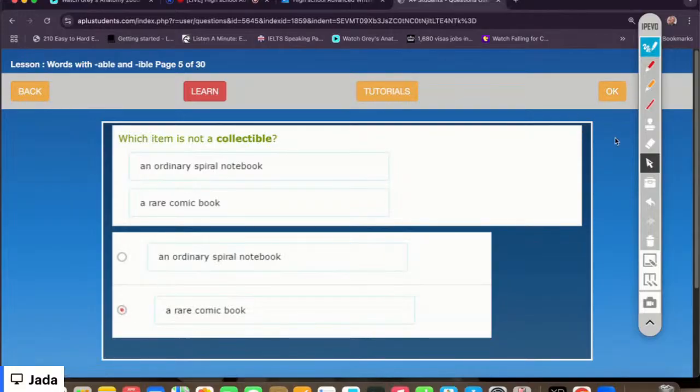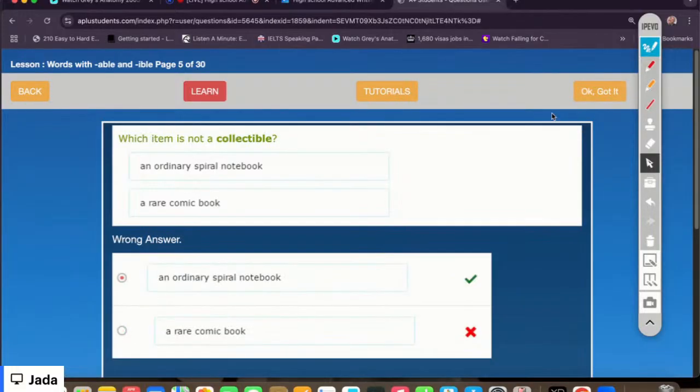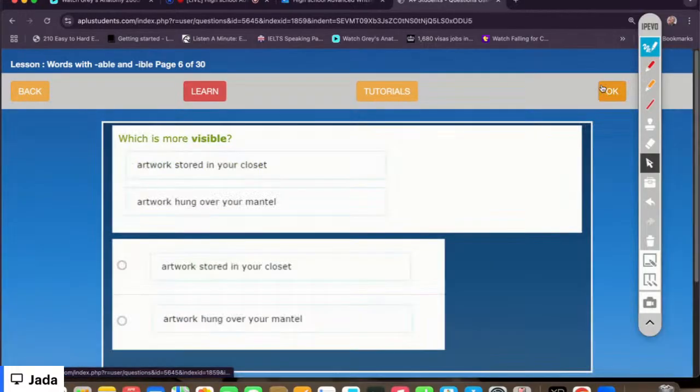Okay, so we have what? If you say a rare comic book, it is wrong, but an ordinary spiral notebook is not a collectible. Okay, a rare comic book is actually a collectible.